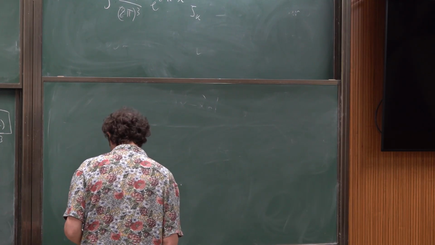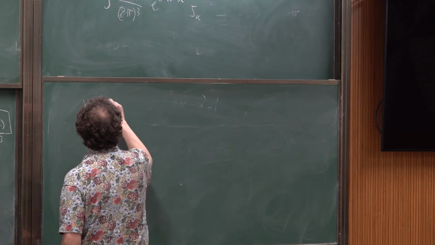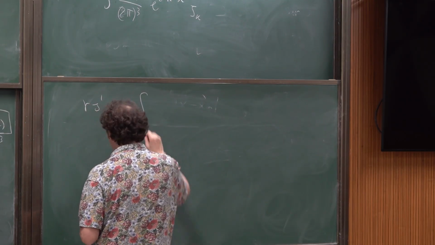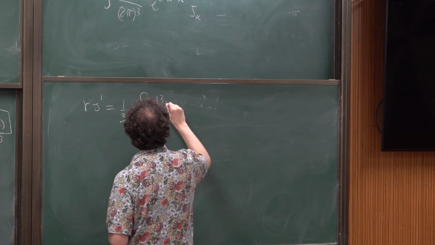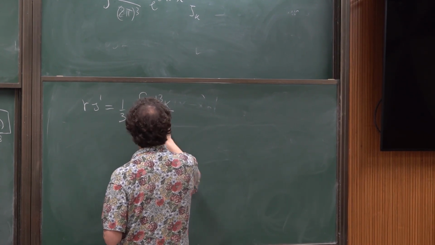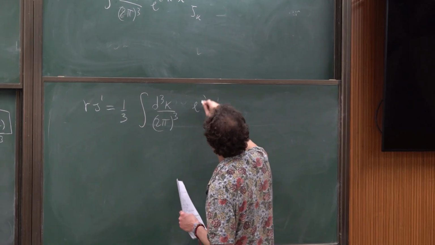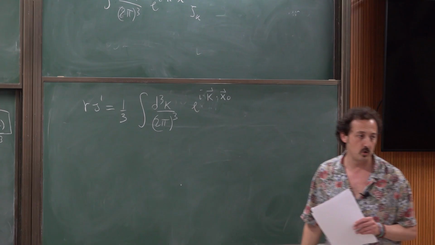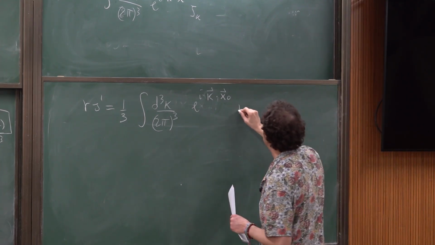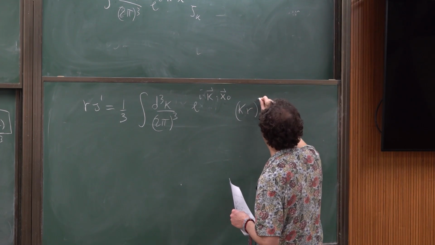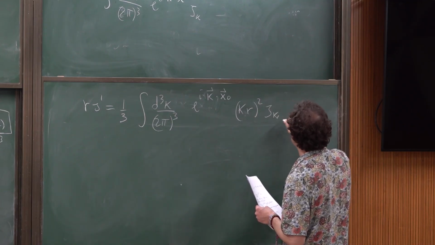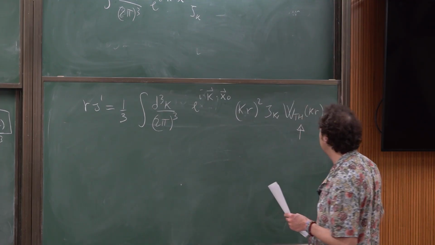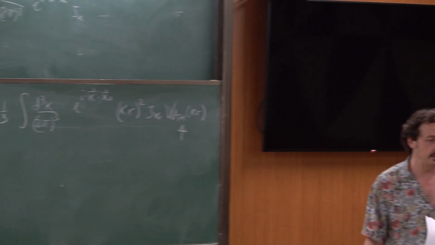And then what you get is that r zeta prime is equal to 1/3 the integral of d3k over 2 pi to the cube, e to the i k x_0, which is the center of our ball, (kr)^2 zeta k W(kr). Now this is basically the Fourier transformation of the theta function.